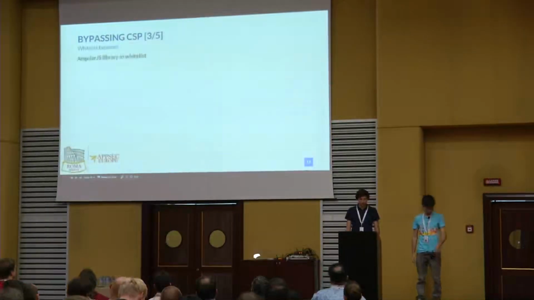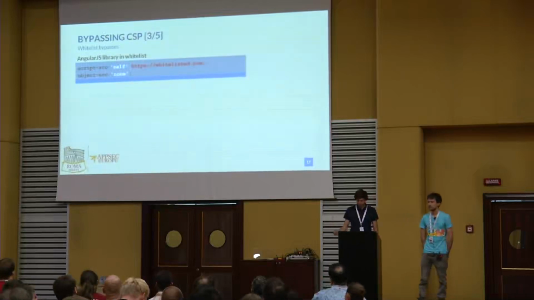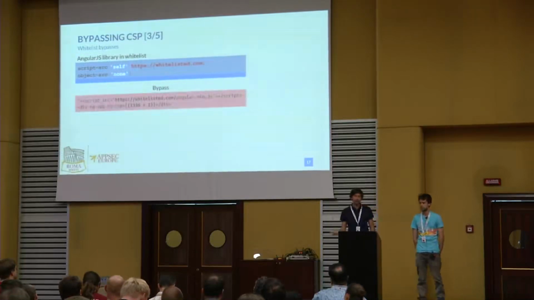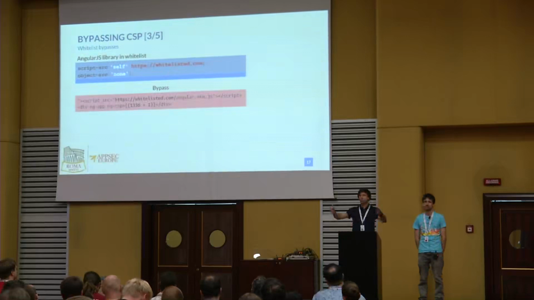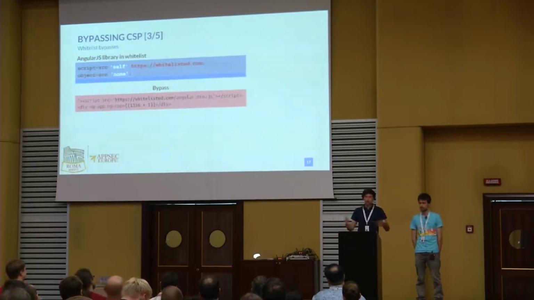Another interesting bypass is just loading an Angular library. Doesn't sound too bad, right? But actually, if you whitelist an origin where Angular is hosted, or even self, when you host Angular yourself, right? An attacker could just load the library, and then when Angular is loaded, he can do whatever Angular can do, right?